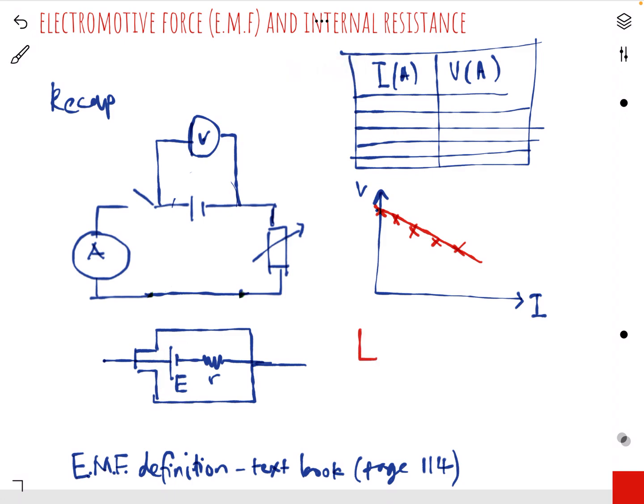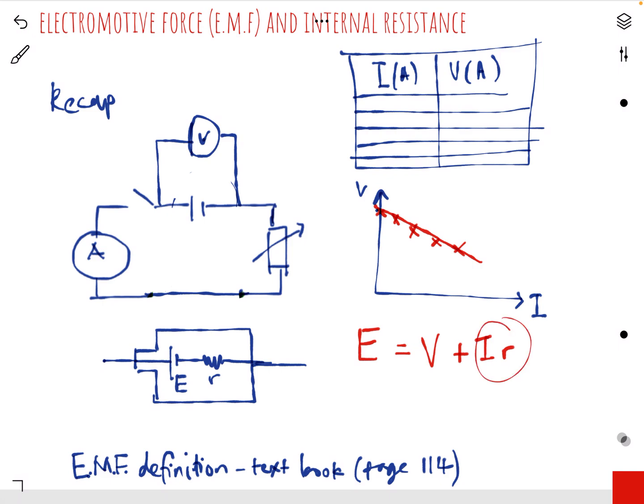So E equals to, okay, now we have voltage drop across this external resistor or the rheostat. Let's say the voltage across this is V, and the voltage drop across R is IR.